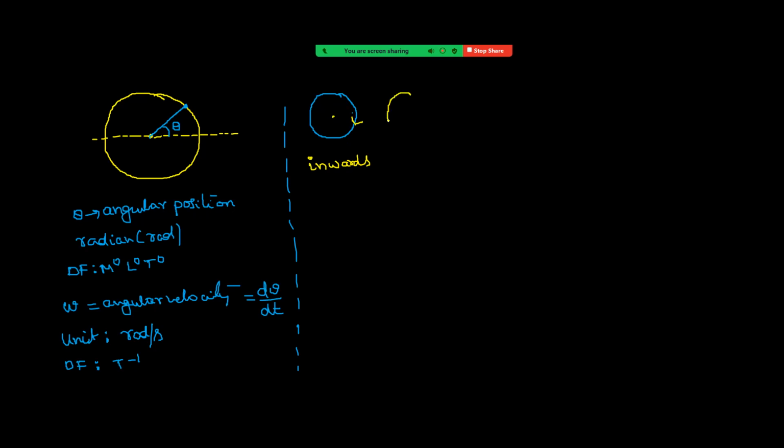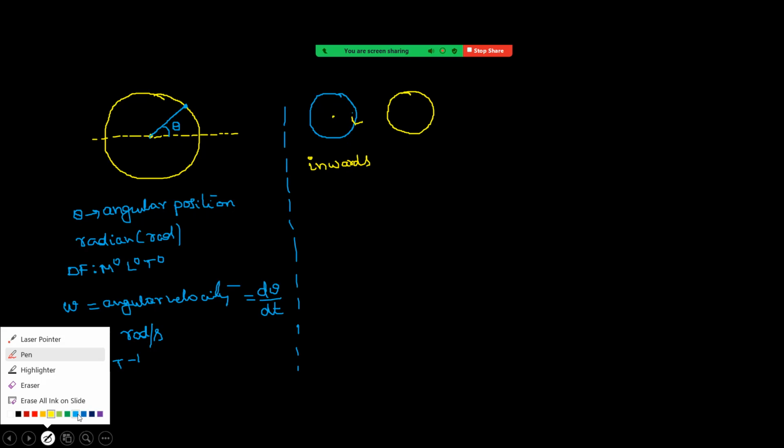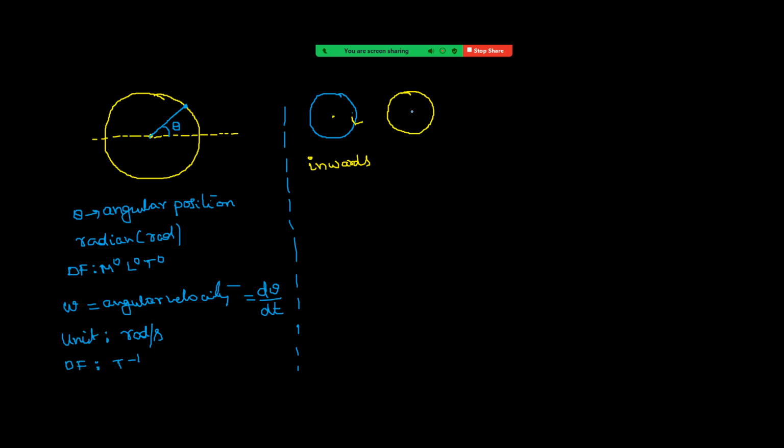If it moves anti-clockwise, then keeping the thumb along the axis, curl the fingers along the motion of the particle. It will be outwards, or you can say normal to the plane of the board and outwards. This is the direction part of d theta by dt.